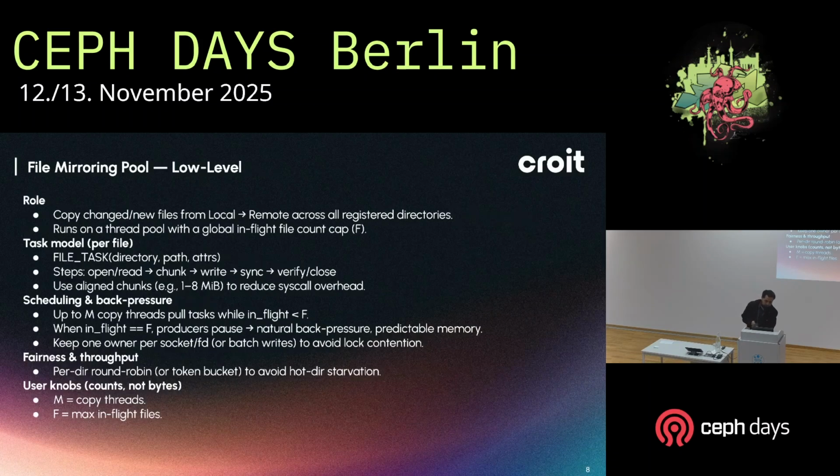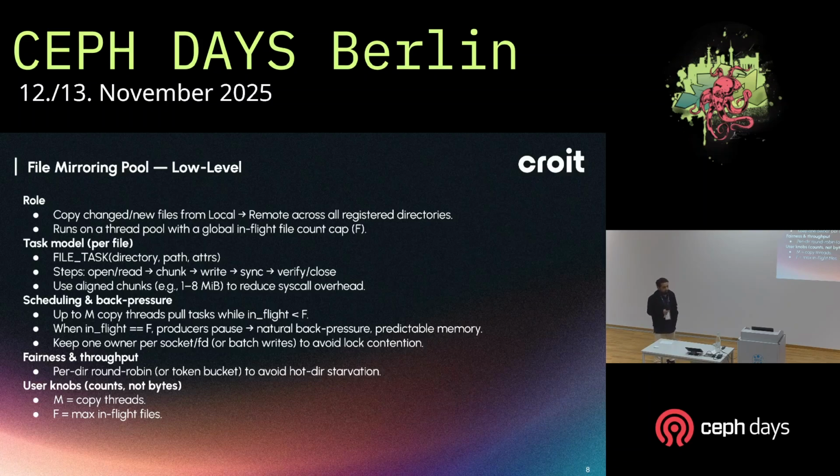Okay, I want to go a bit low level here, a bit code level, might be a bit boring, but file mirroring is easy. We have a file task queue, we throw our file copying tasks to that queue, and all the threads just pull out and copy those files. But there are some tiny details.